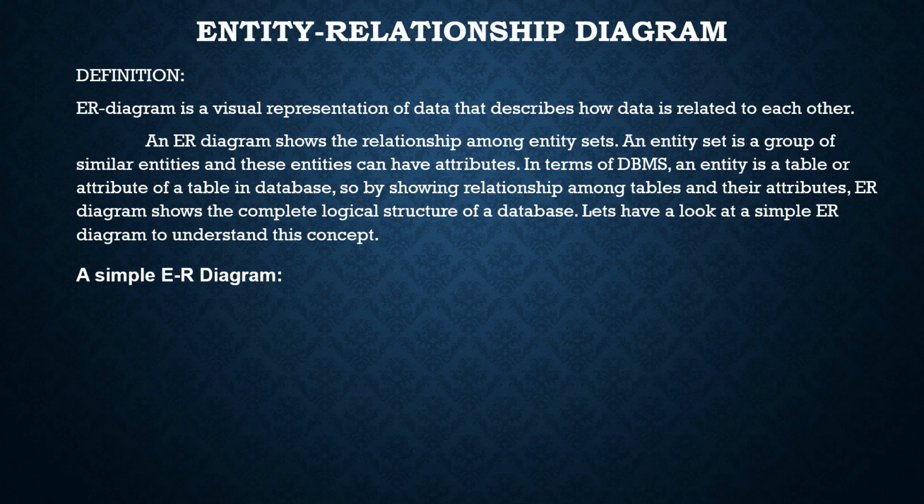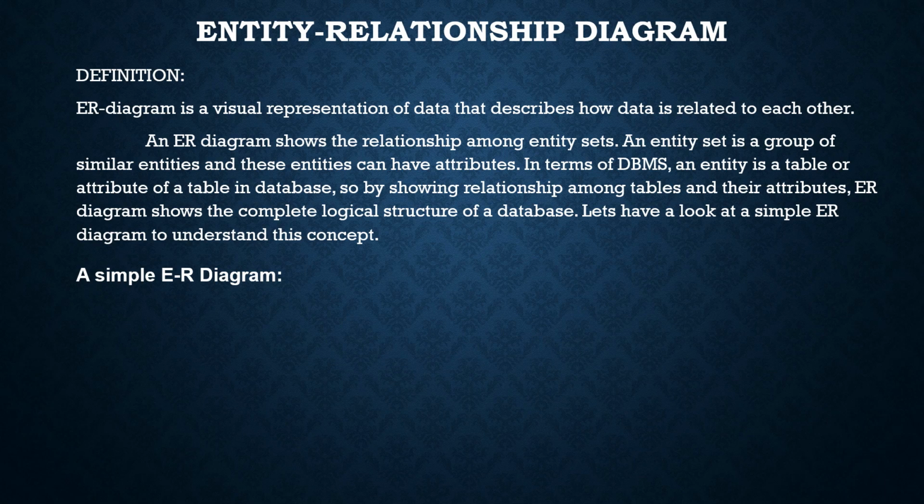An ER diagram shows the relationship among entity sets. For example, student and teacher are two entities. Teacher teaches student.